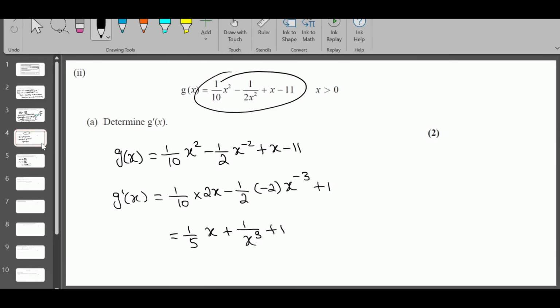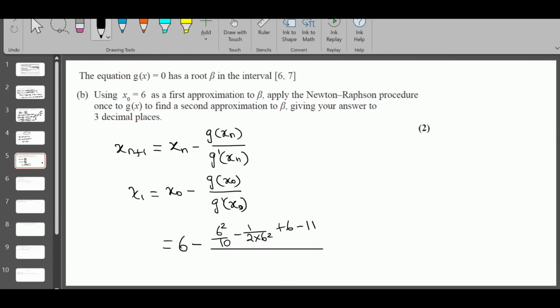The denominator is g dash. G dash is 1 over 5x, which is basically x over 5, plus 1 over x cubed, 1 over 6 cubed, plus 1.